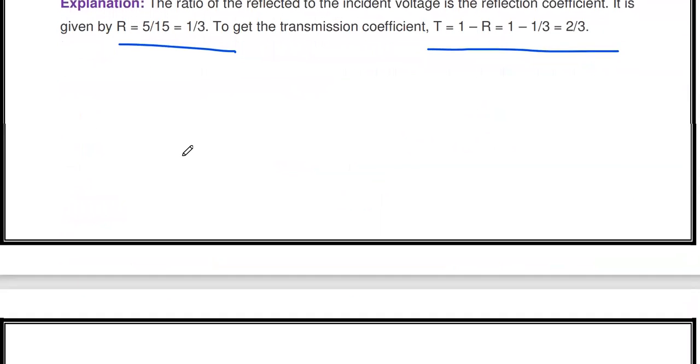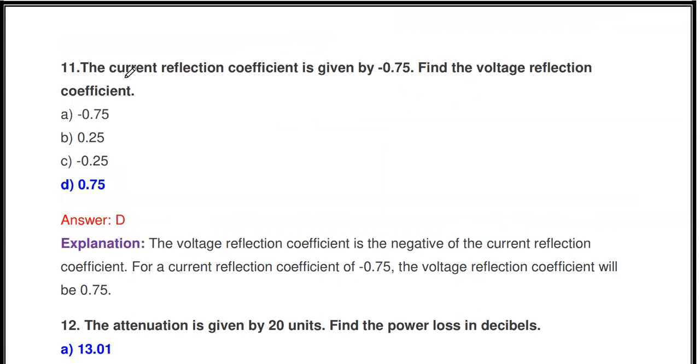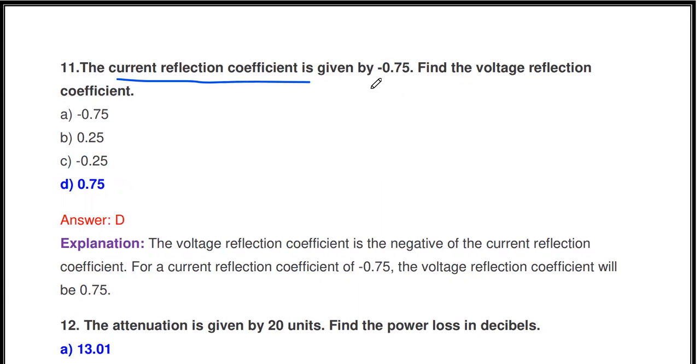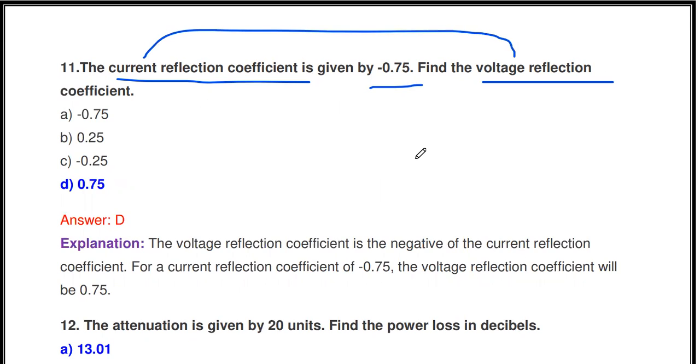Okay. Then the next one, the current reflection coefficient is given by minus 0.75. Then find the voltage reflection coefficient. So what is the relation between current reflection coefficient and voltage reflection coefficient?